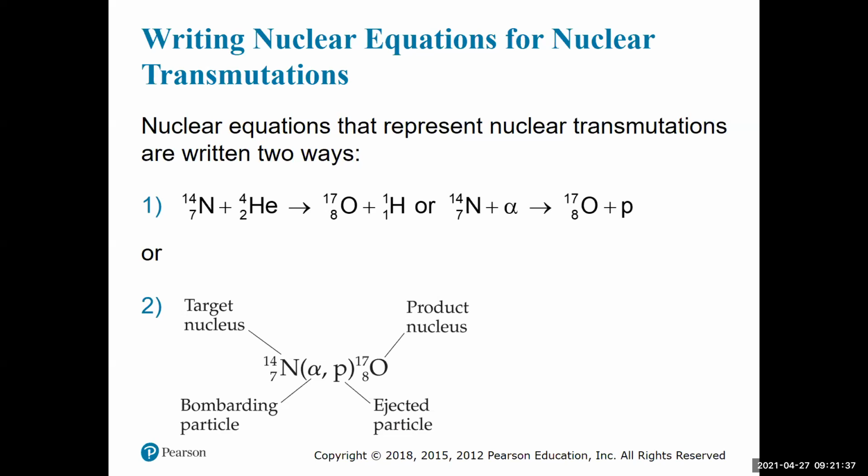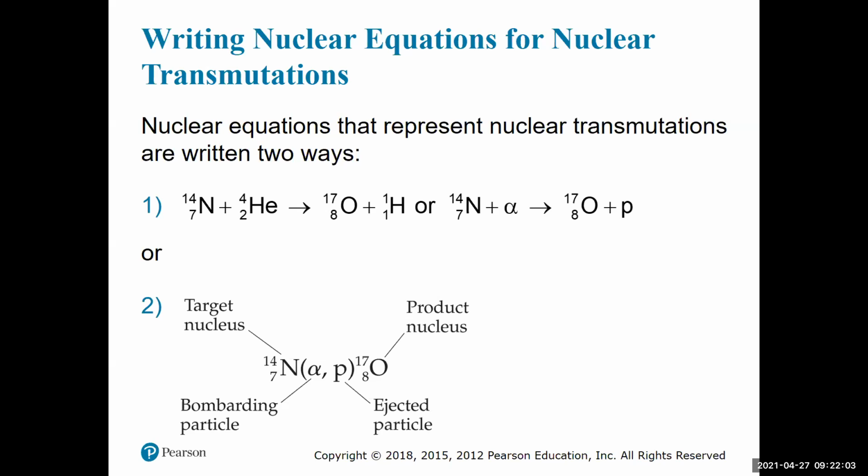The other thing I'll say is, sometimes instead of writing it out with the elements, it's written with alpha and then P. P stands for proton, and remember, hydrogen is a proton. Either of those ways is fine. Down at the bottom here is a shorthand way to do it.